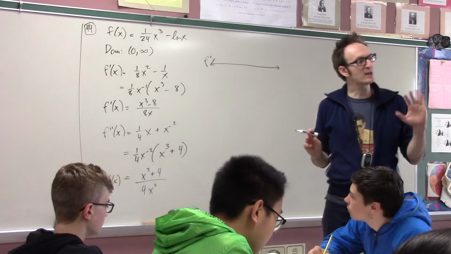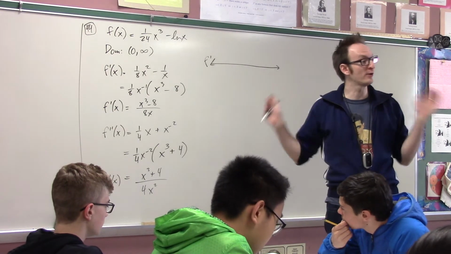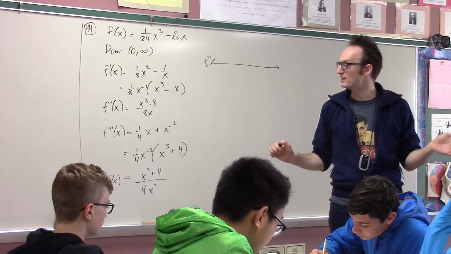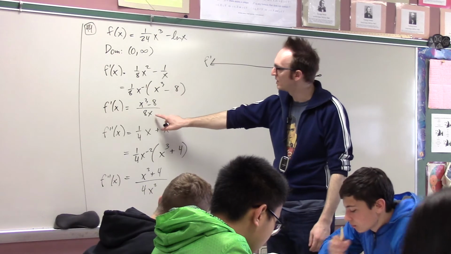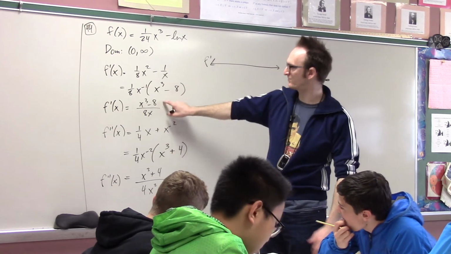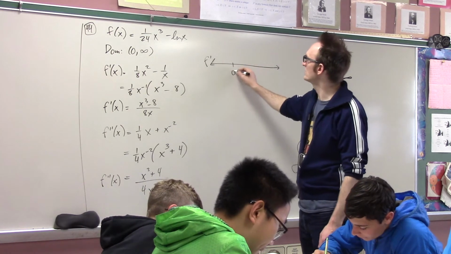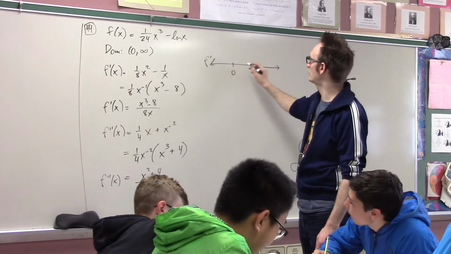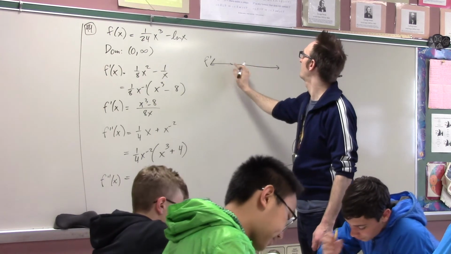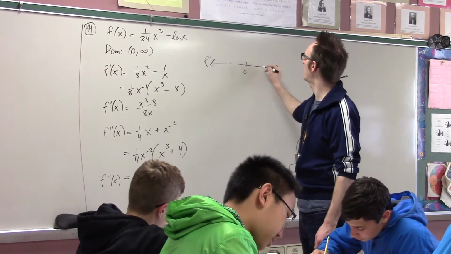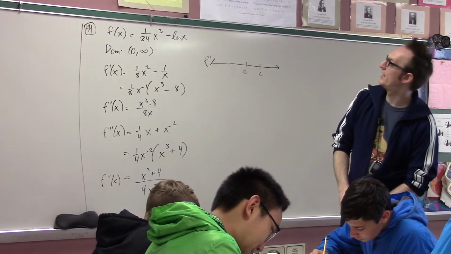But when it comes to making the sign charts, it's often convenient to just make the sign chart for all the real numbers, and then ignore the ones that are outside the domain. So that's how I'm going to do it also. I have to be experienced enough to look at this rational function and know it's going to change sign at 0 and also at 2. And how does it change?